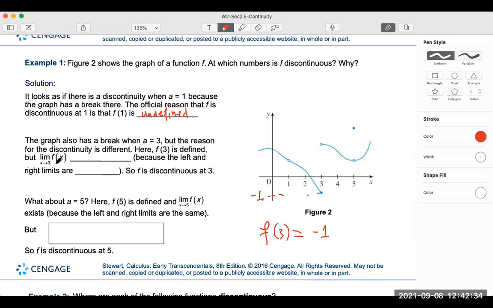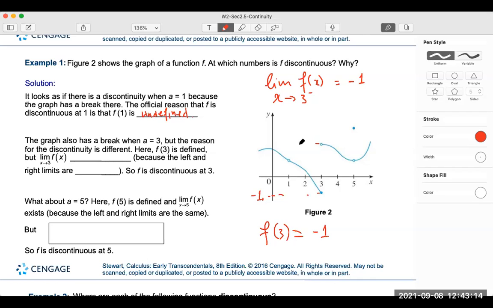But what is the limit of the function f(x) when x approaches 3? Why do you know that? You're right. And what is the value when x approaches 3 from the left? Let's say this is -1, okay? Then it should be this value, right?